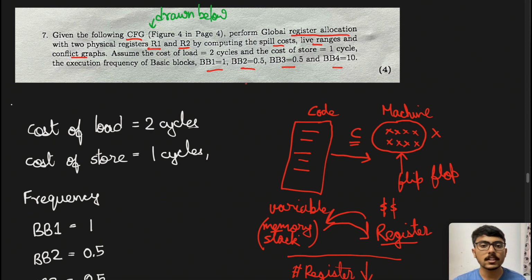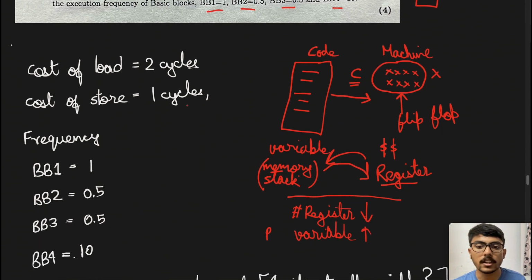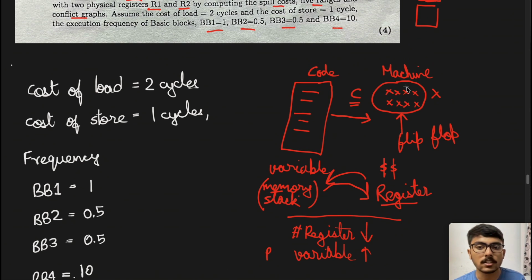So first, what is this global? Global register allocation is when we have a code, and for that entire code we need to perform the register allocation. There might be cases where our code has some modules in it. Okay, let me erase this so that we can use this space.